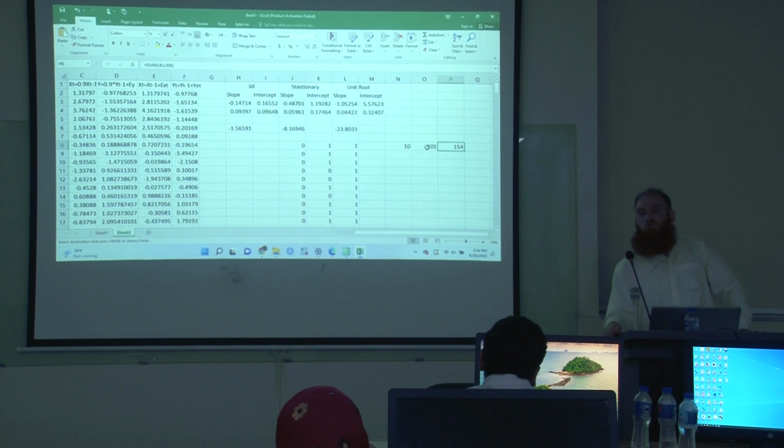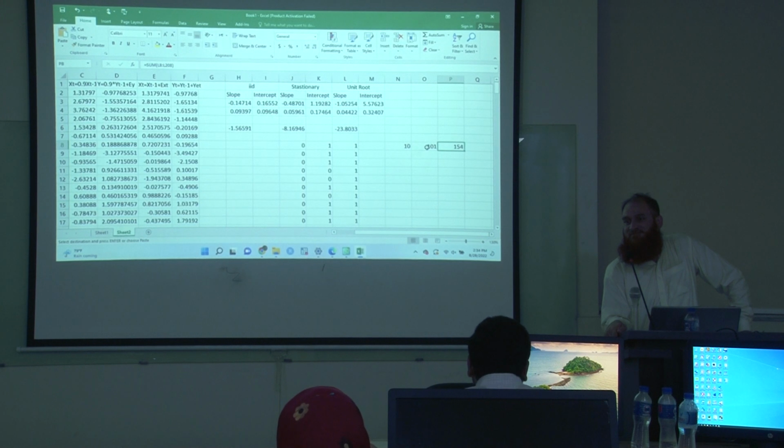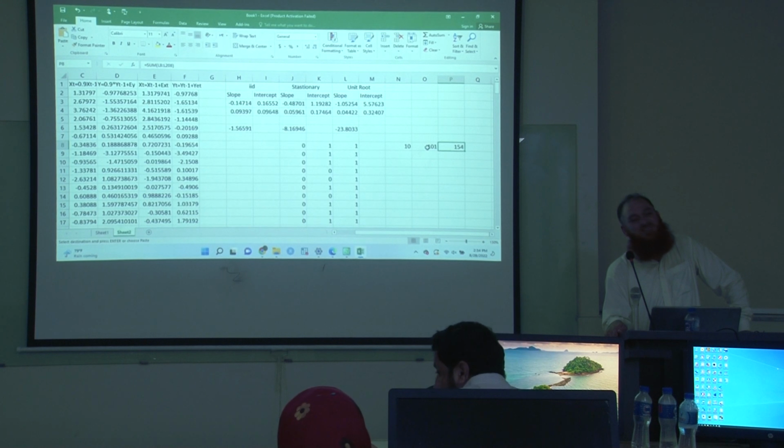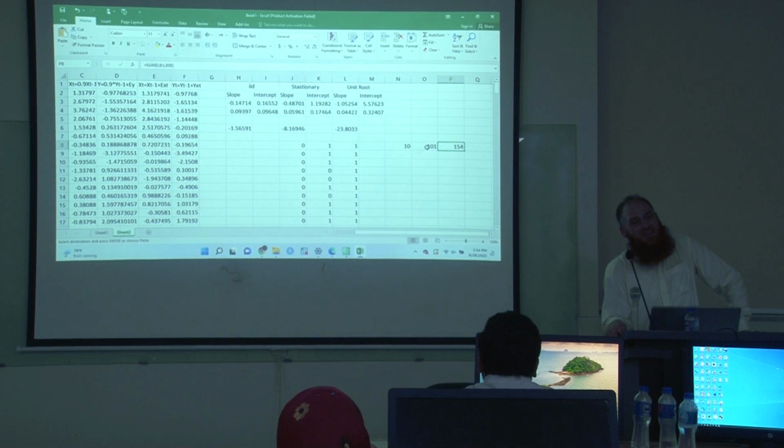If this was true, then there should be no spurious regression in column C and D, because column C and D both are stationary. But because we are finding the spurious regression here, this means this is not the primary cause of spurious regression.